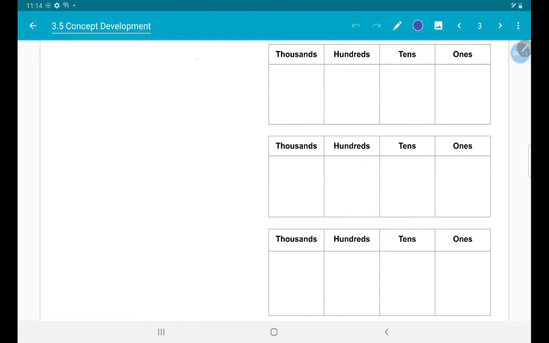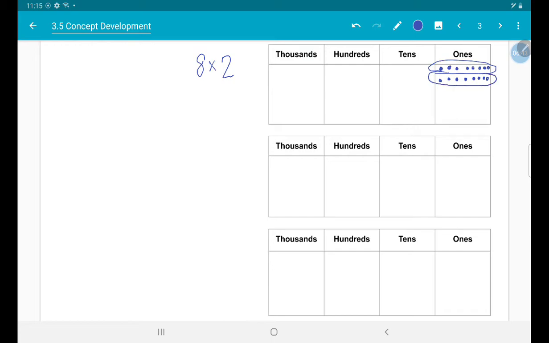So if I do 8 times 2, I'm doing 2 groups of 8. Here's a group of 8.